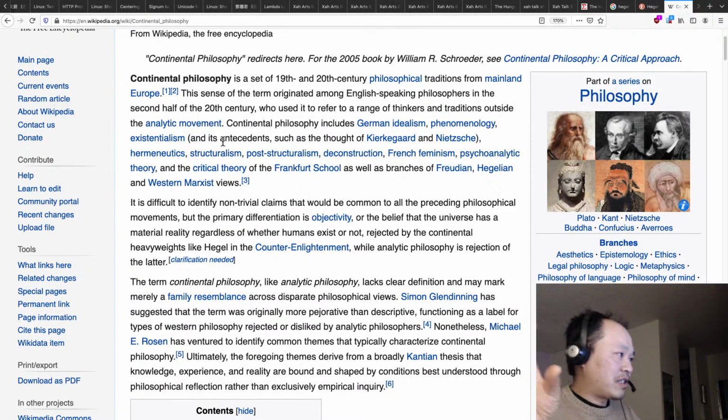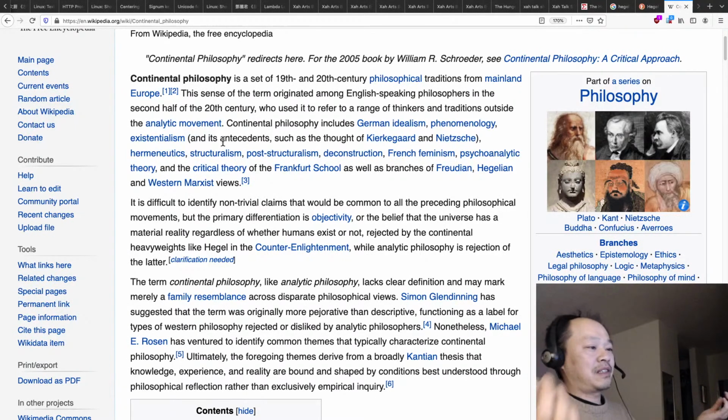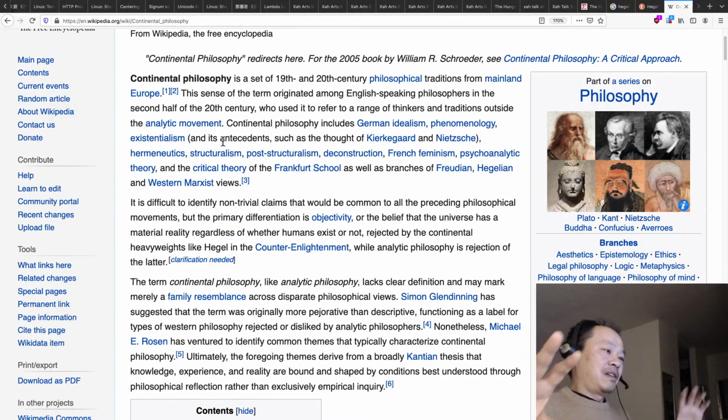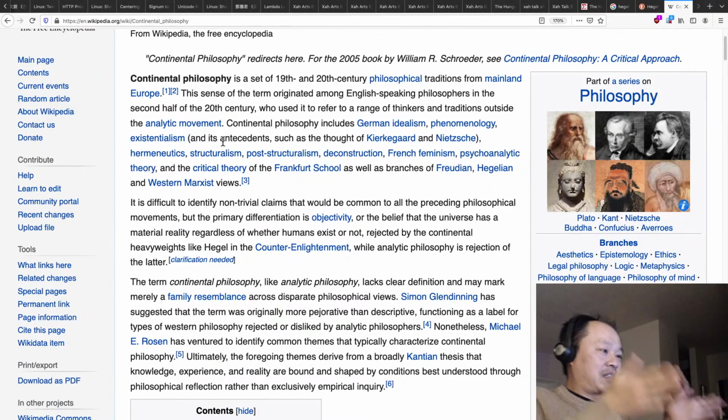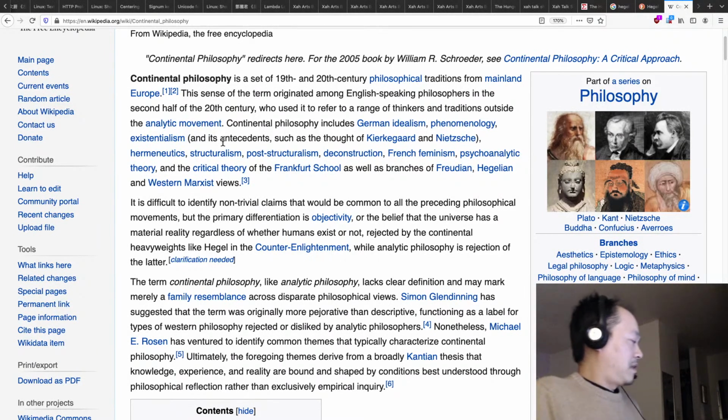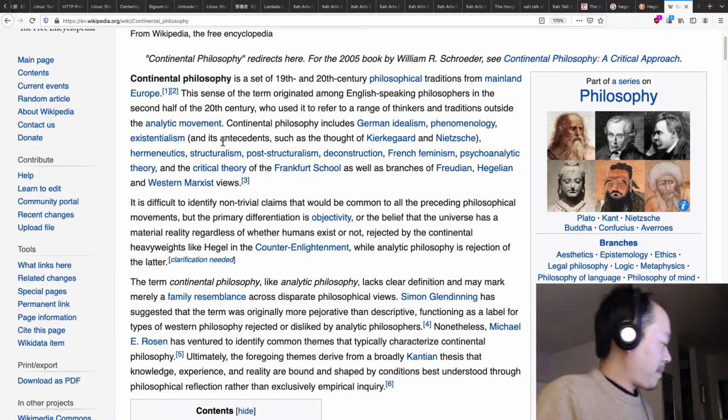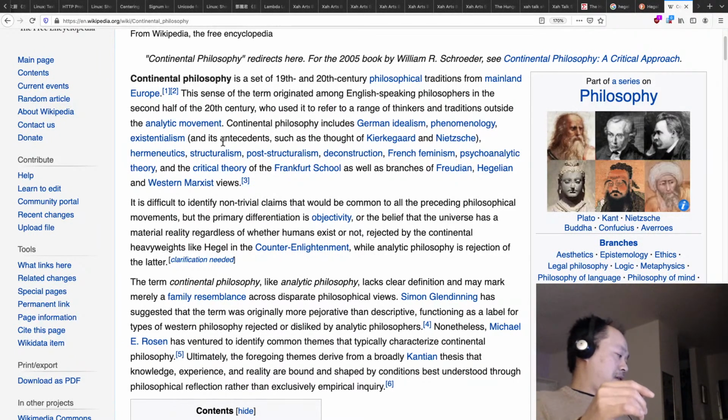For example, Taoism, Zen, Buddhism. Taoism in particular. They don't talk in a way of Western logic, clarity, precision, following arguments. In general, Eastern philosophies don't follow that.